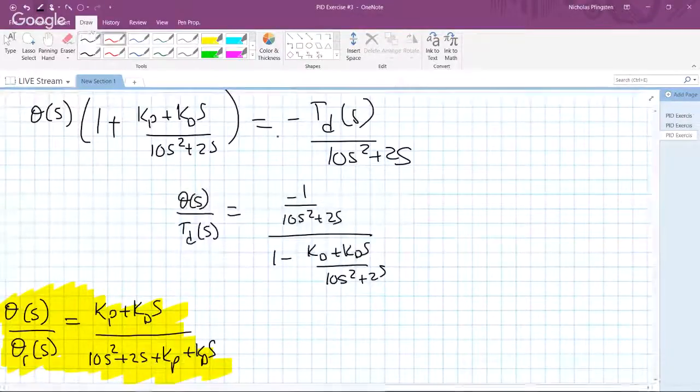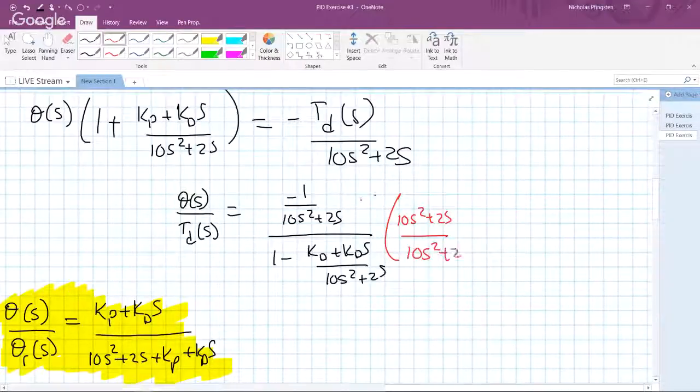We obviously know we can multiply the top and bottom by 10S squared plus 2S.